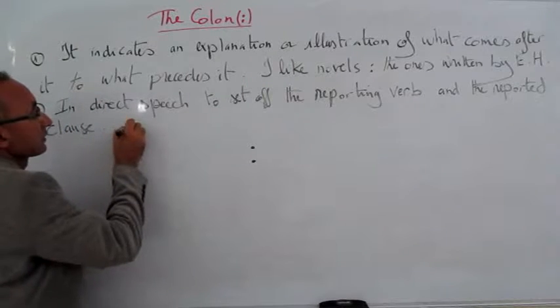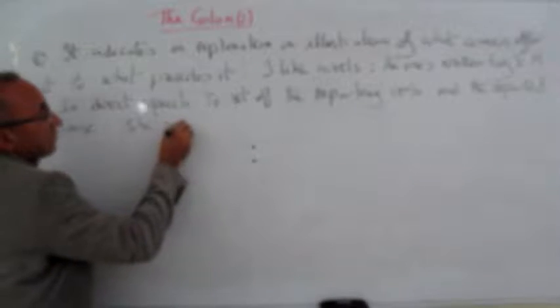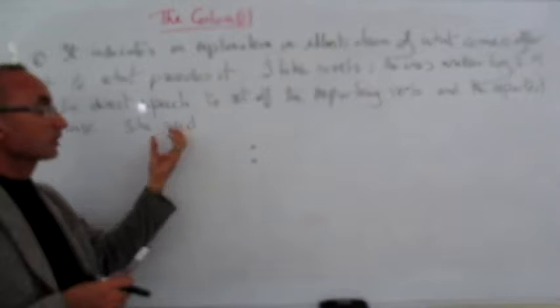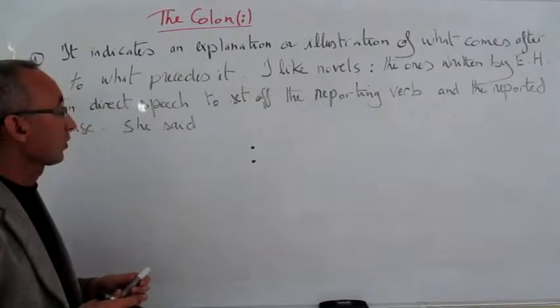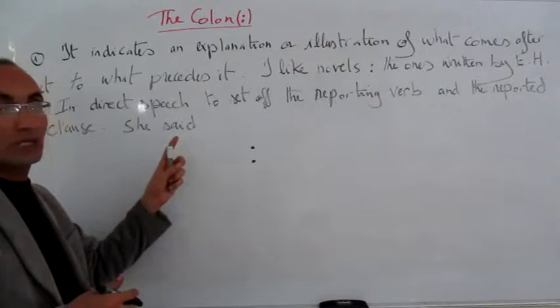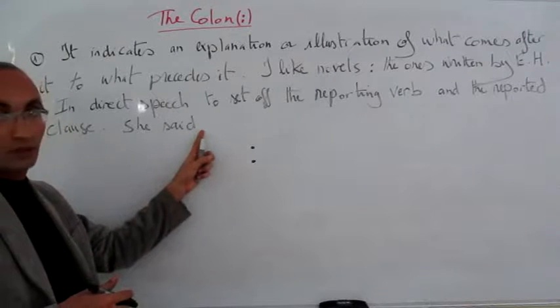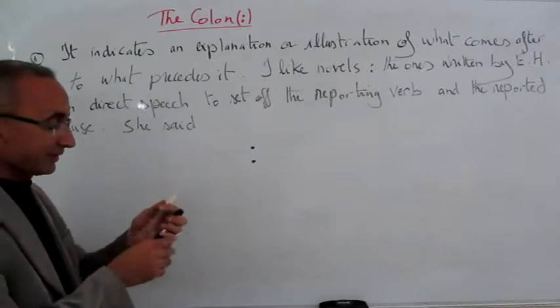Example, you write: she said, or she asked. Even if this direct speech is a statement or a question or order, we always use the colon to separate the reporting verb from the rest of the clause. So she said here, as you know, it's optional whether you put a comma or colon here.